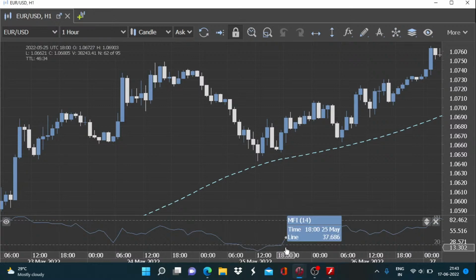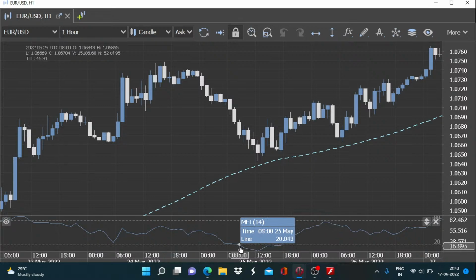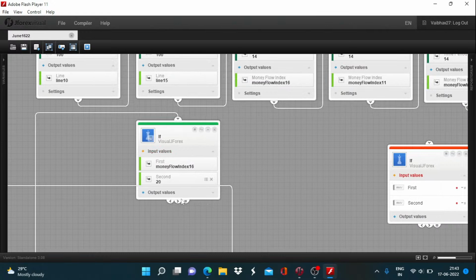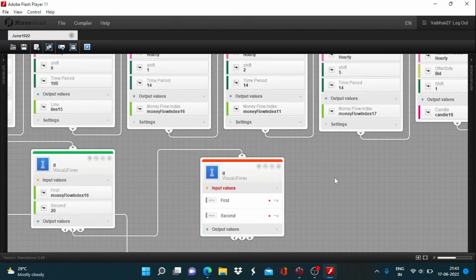We will put it here. So we are going to use 20 as a critical factor. First input greater than second input, whereas in the hourly candle with the look back of 2, it should have been on the lower side.